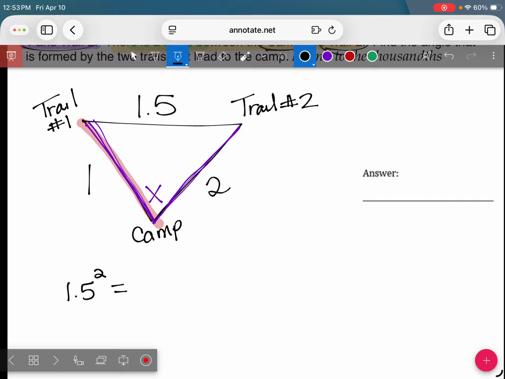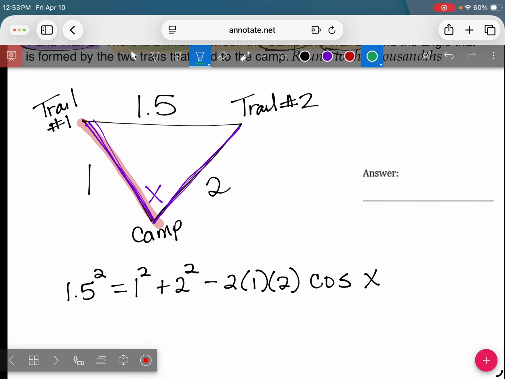And then we're not going to use 1.5 in any other place. The rest is just going to have a 1 or a 2. So that's going to equal the other 2 sides squared minus 2 times those 2 sides. And we're going to end with the cosine of X. So remember, like we said yesterday, it is very important that you separate this into 3 separate numbers.